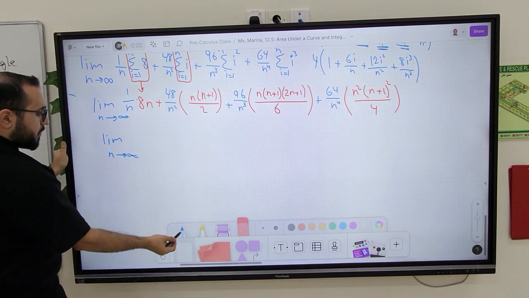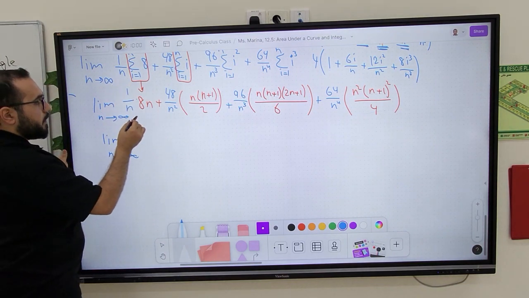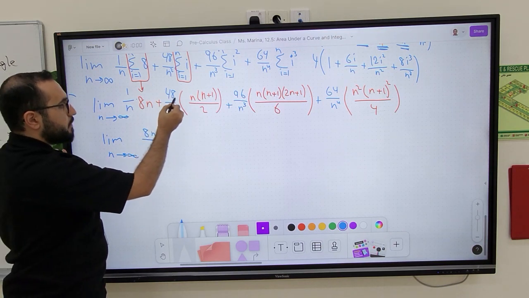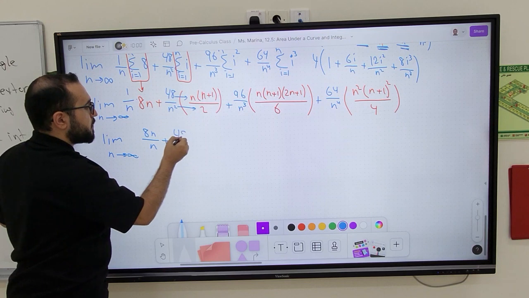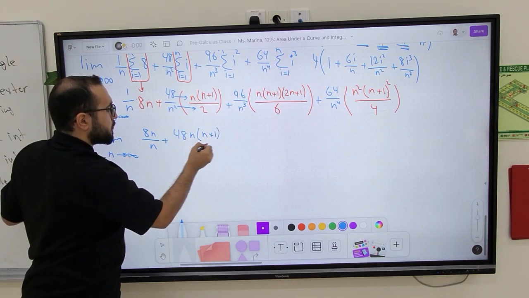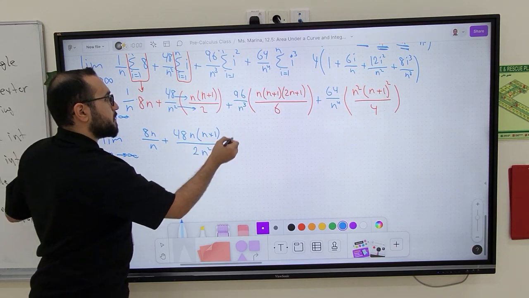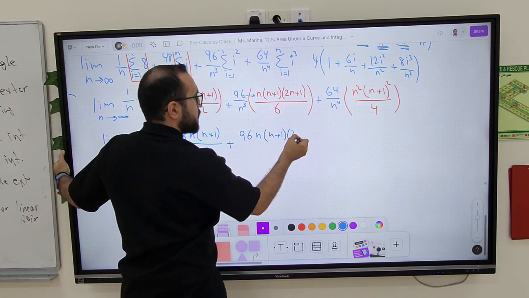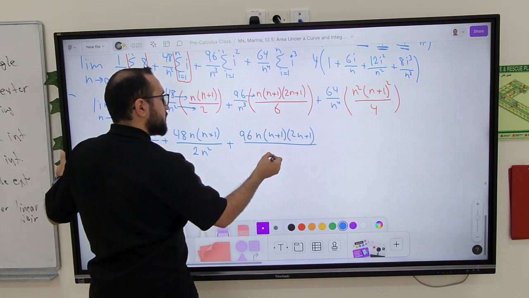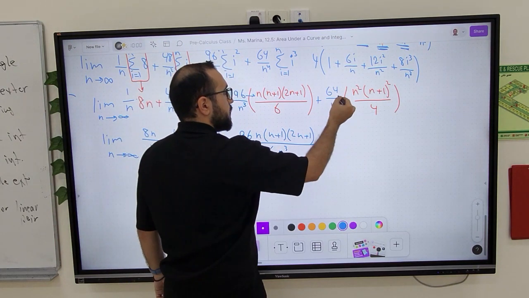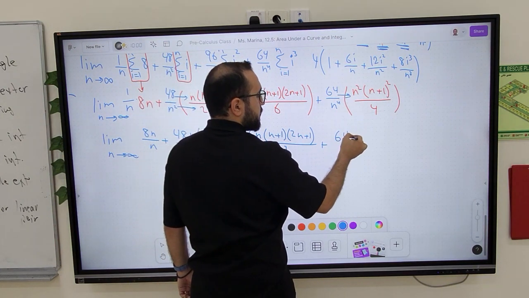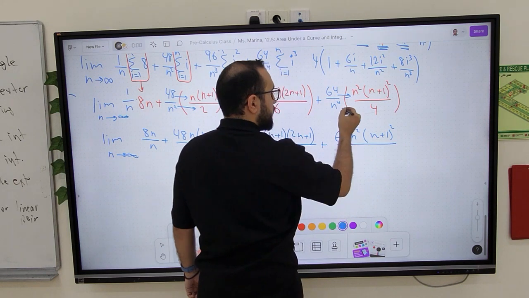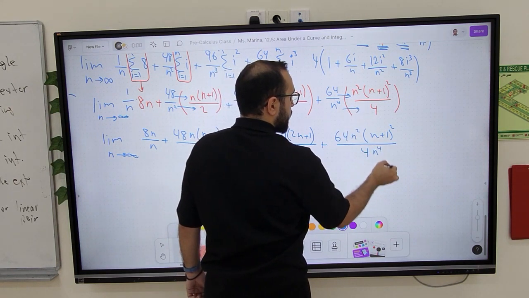Okay, so now it will be 8n over n plus, here, this one times this one, so it will be 48n times n plus 1, all of that over 2n squared, plus 96 times n plus 1 times 2n plus 1, all of that over 6n cubed, plus, do the same thing, 64 times n squared times n plus 1 squared, all of that over 4 to the power of 4.